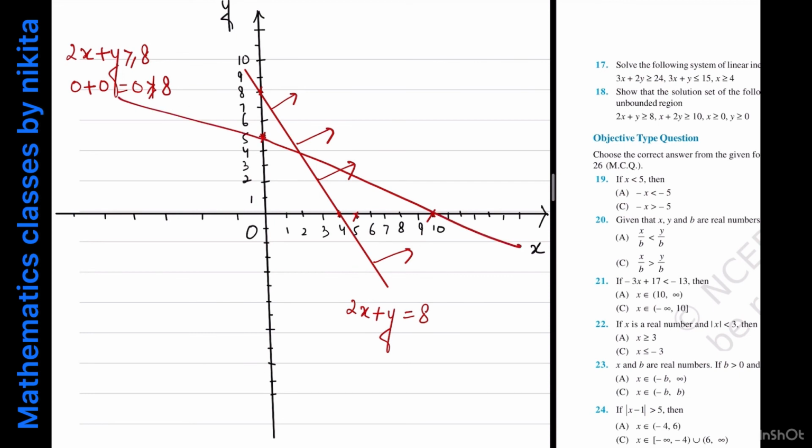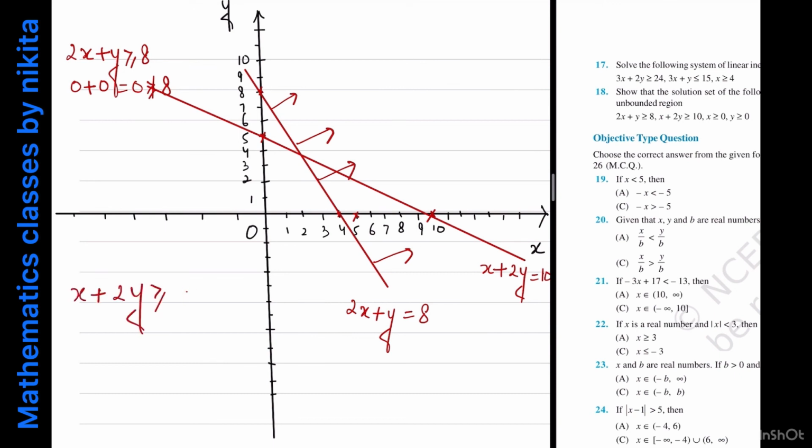So this is your line x plus 2y equal to 10. And if I see its region, x plus 2y greater or equal to 10, if I put the origin in it, what will come? 0 plus 0 which is 0, but 0 is not greater or equal to 10, so that means it lies on the opposite side of the origin.